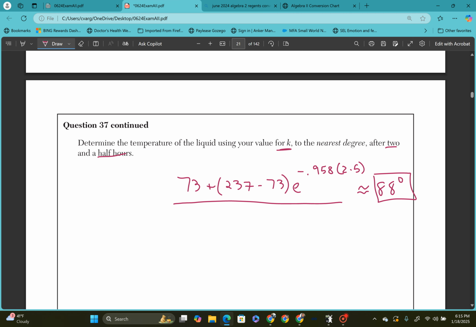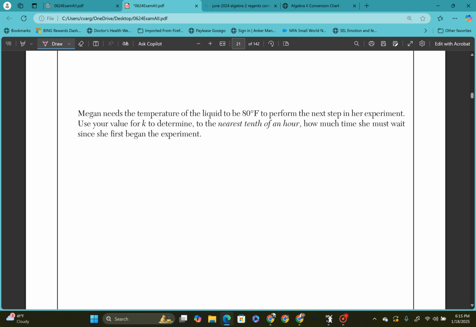All right, and then the last one, Megan needs the temperature to be 80 degrees. So the 80 degrees is what's going to go. That's our T of T is 80. To perform the next step, use your value for K. So we know that K was about 0.958 to the nearest tenth of an hour. How much time?